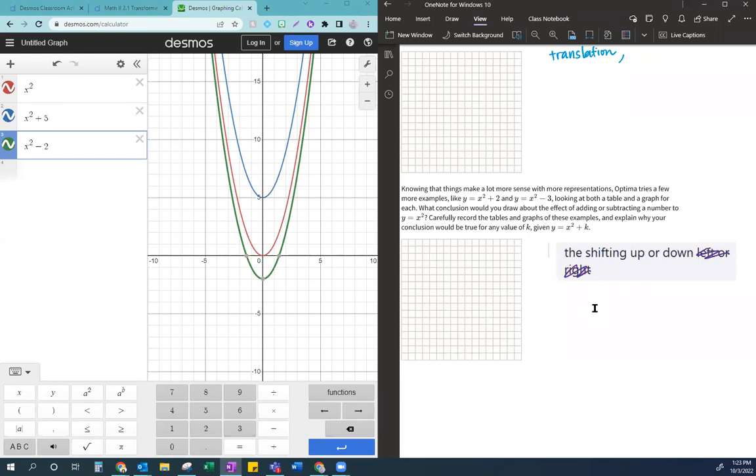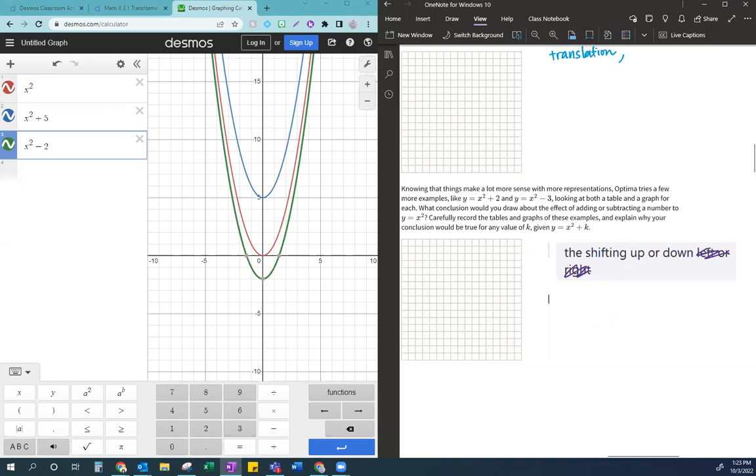When does it shift up? When does it shift down? Yes, it shifts up when you add. Very good.